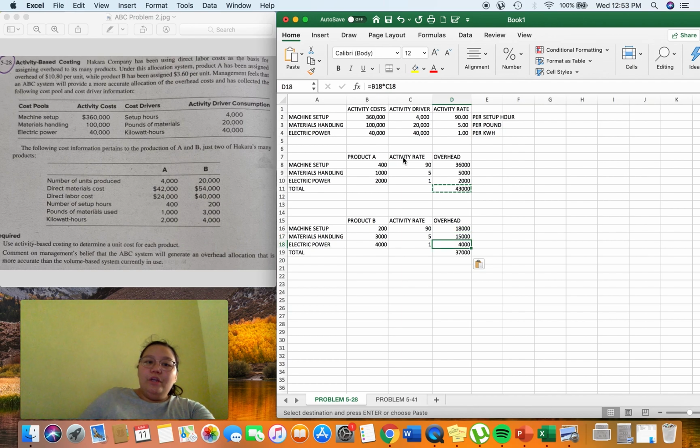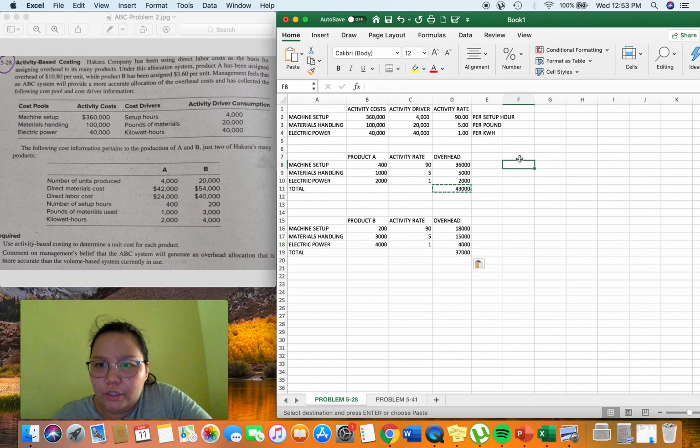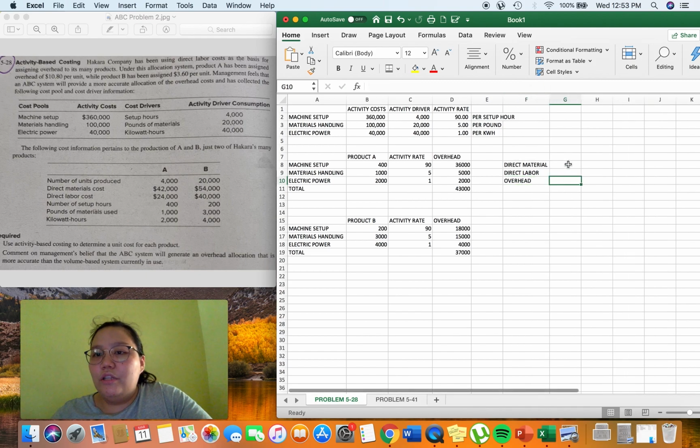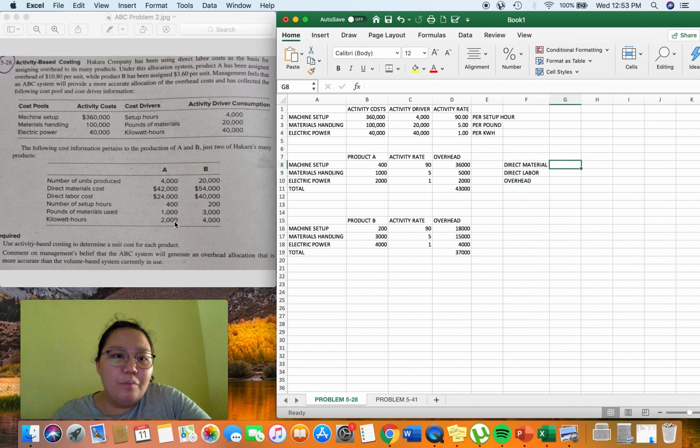Now, we are not yet done because we are asked to compute for the unit cost of each product. We have, of course, the direct material cost. To compute for the per unit cost, we have to consider the three product costs: direct material, direct labor, and overhead. So the direct material cost and the direct labor cost are already given in the problem.